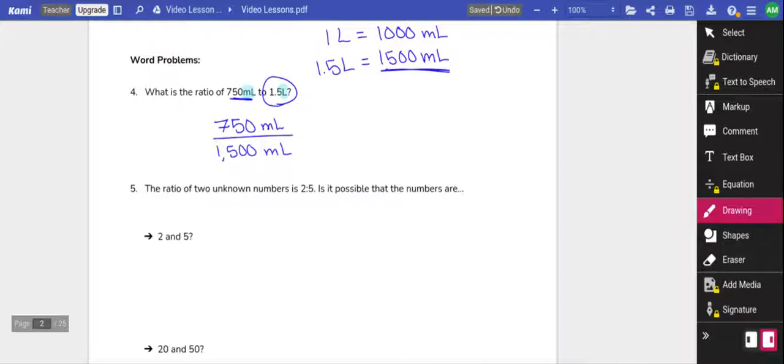And I want to get this in simplest form. So to do that, I'm going to think of a common factor. I happen to know that these are both divisible by 750.